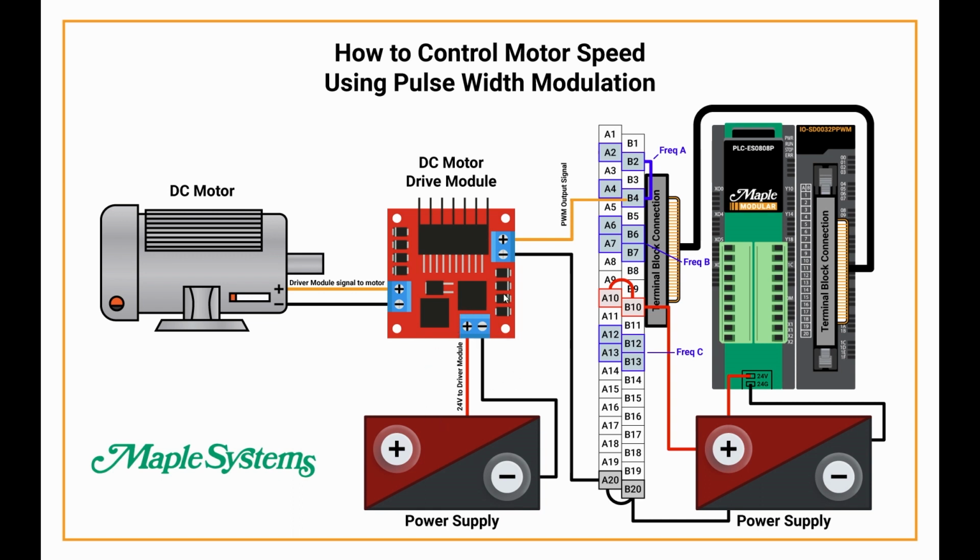That is to power the DC motor drive module, and this is to send the PWM output into the drive module. In this wiring example, you could use one power supply depending on your setup and if you can provide the right amount of current to all of the devices. And then finally, the PWM output is going into the DC motor from the DC motor drive module.